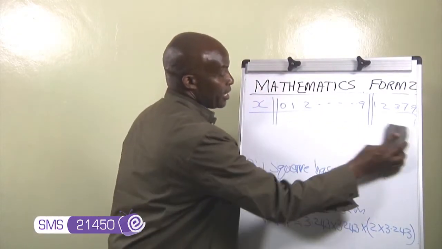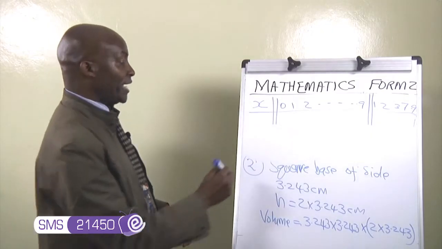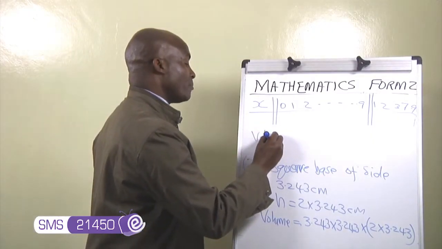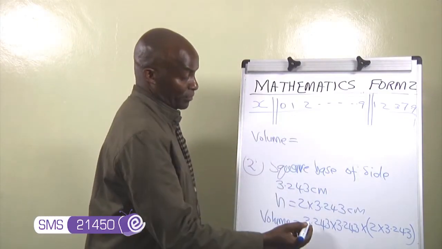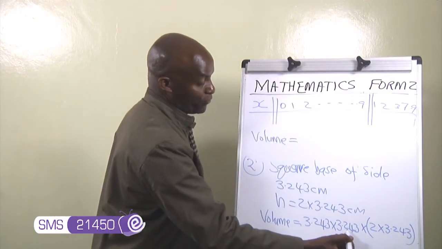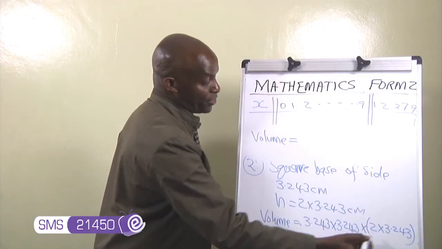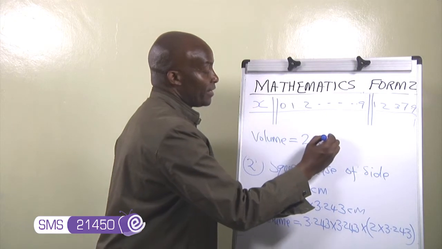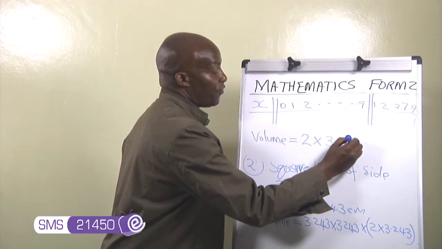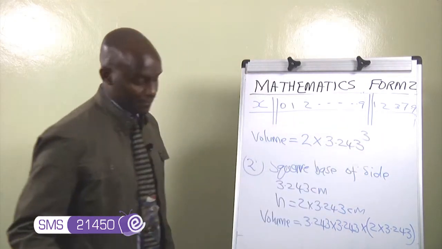When we rewrite this, we get that the volume will be equal to 2 times 3.243 cubed, since we have 3.243 three times.